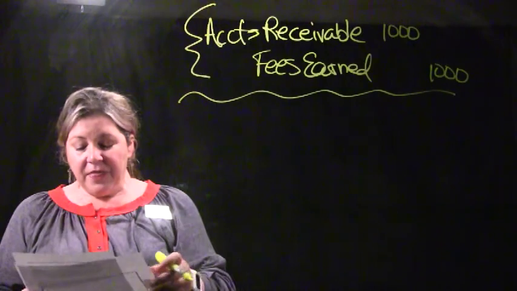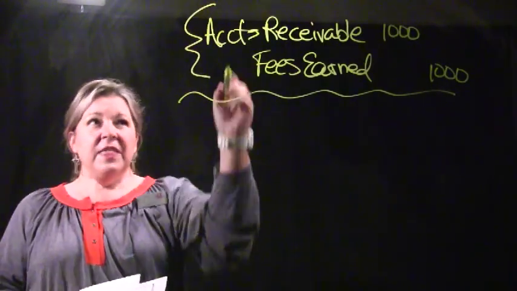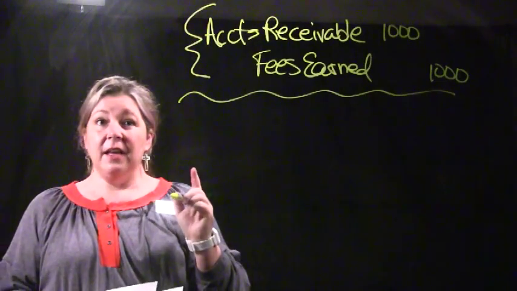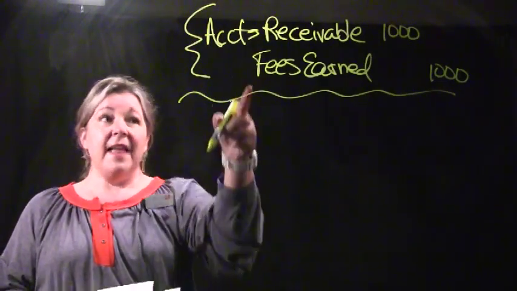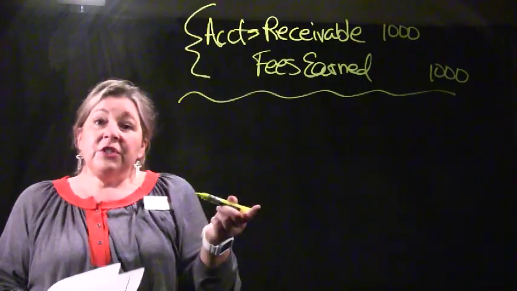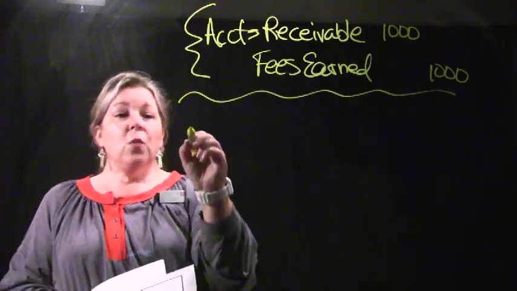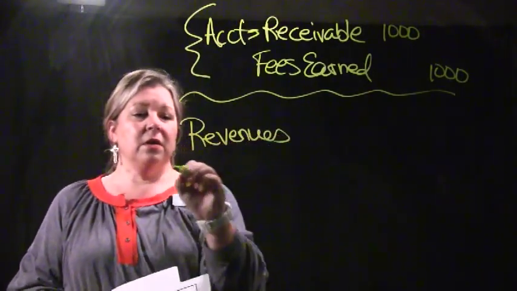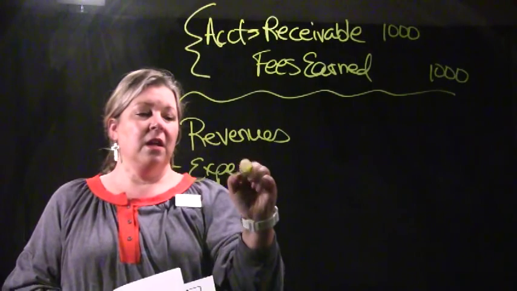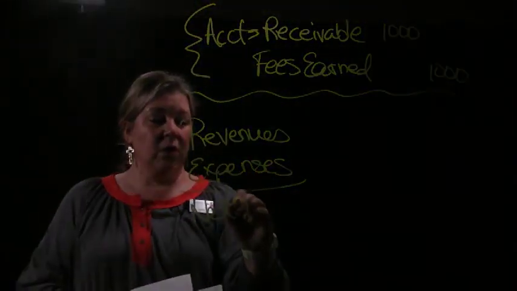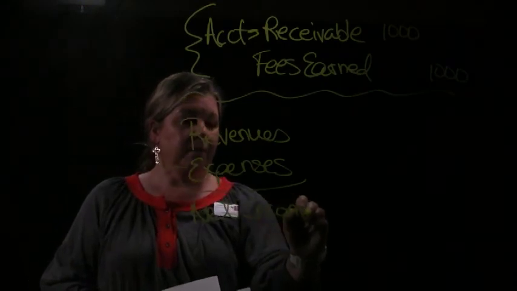So, if I think about that, this accounts receivable is an asset, and this is fees earned, a revenue. So let's just talk about the revenue first. We know that revenue accounts go on our income statement, right? Revenues minus expenses equals net income.